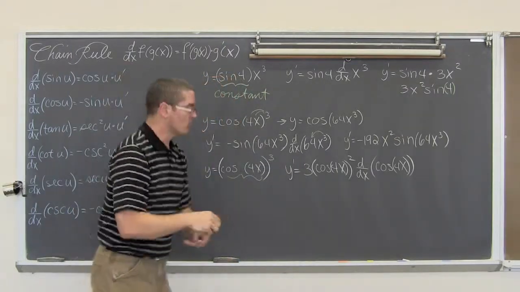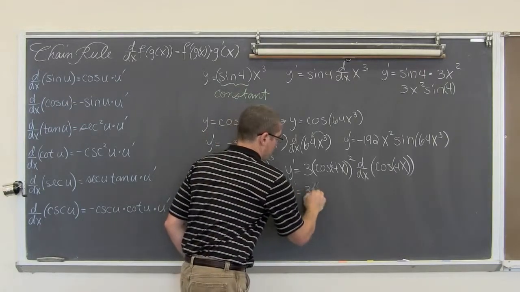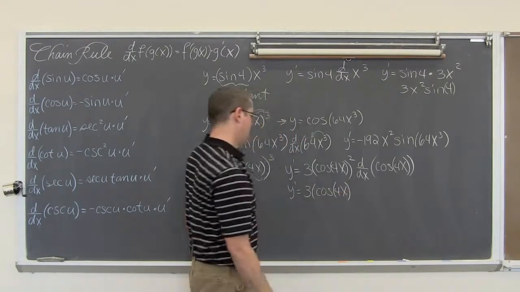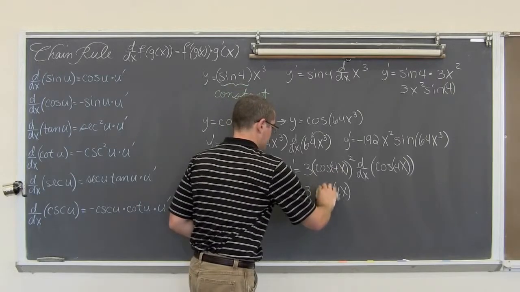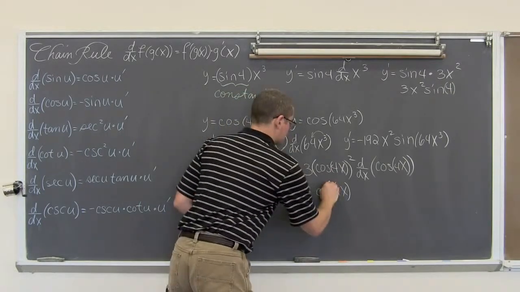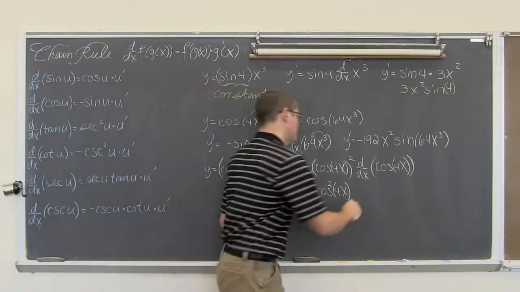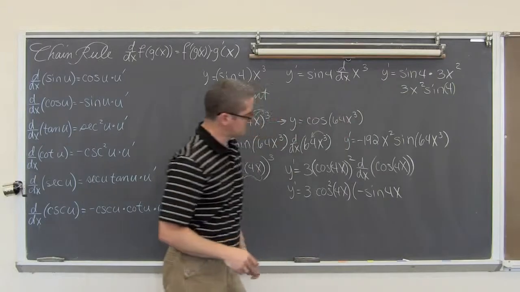So, chain rule. We got y prime is equal to 3 times cosine of 4x. Let's go ahead and write that power of 2 down here. So cosine squared of 4x. Derivative with respect to x of cosine is negative sine of 4x.